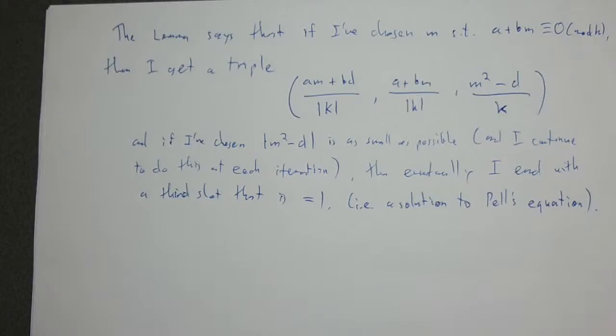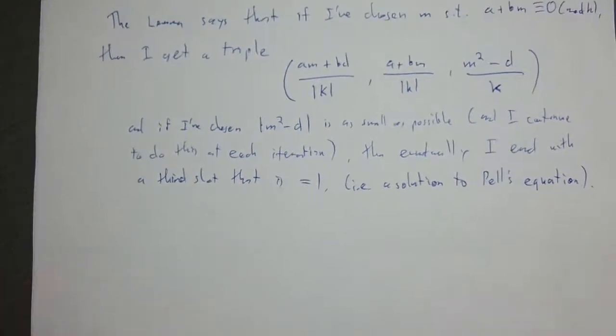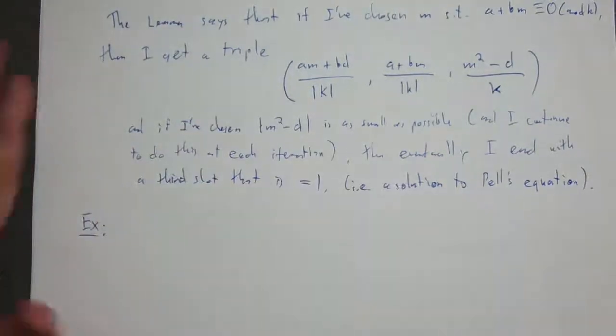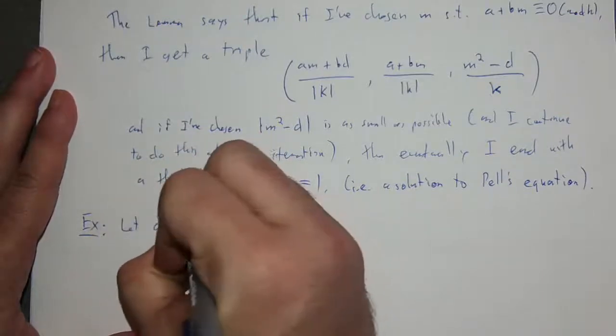All right. So, how do I actually go about doing this? Let's pick an example. Let D equal 19.